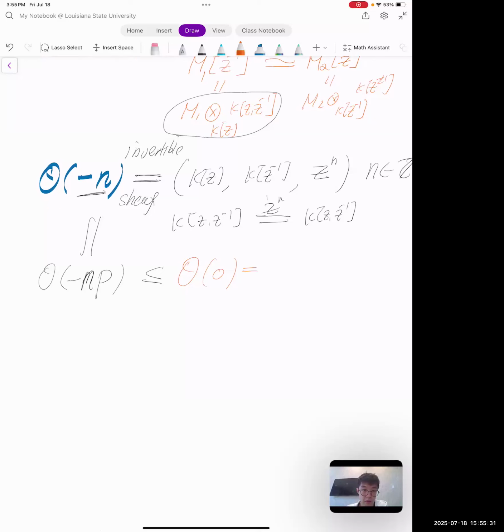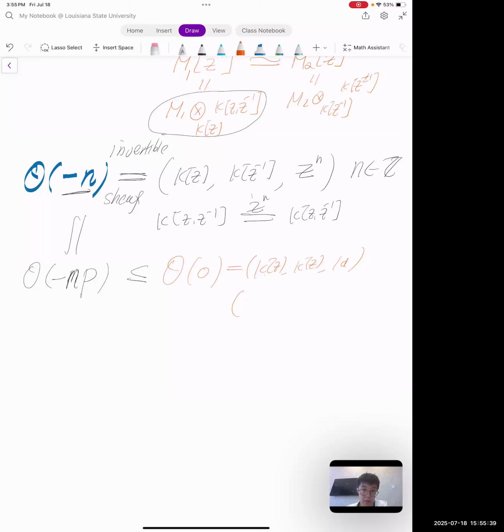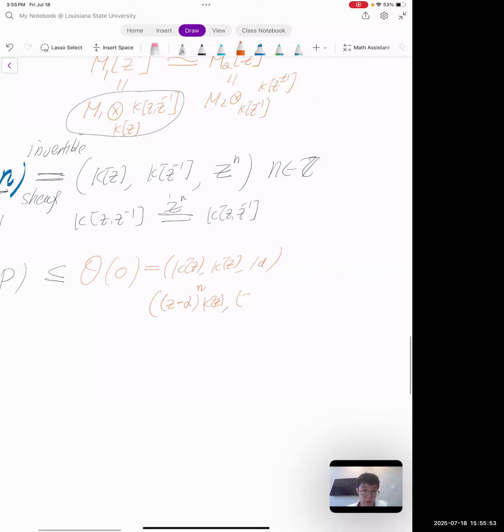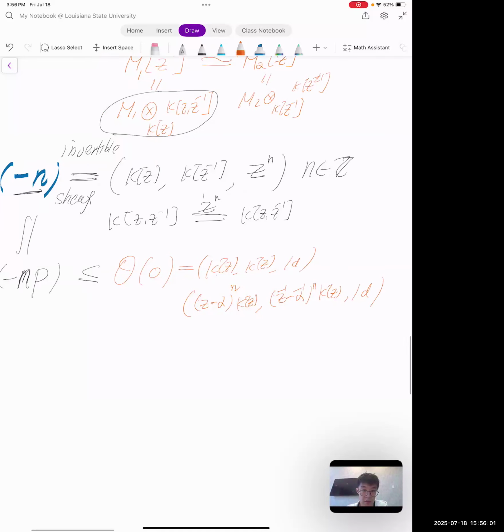So O(0) is K[Z] with identity, right? I'm going to define a subsheaf. Suppose P is a point. I'm going to define (Z minus the point)^n K[Z], and this is to be Z inverse times alpha inverse, to the n, K[Z inverse], and the transition is the identity. It's very easy to check that these are the same because I make this alpha inverse. If you take the localization, it just differs by some power of Z, so they should be exactly the same.